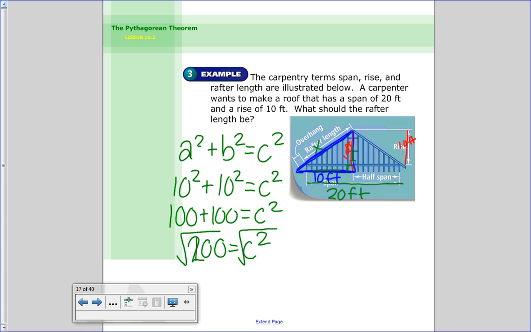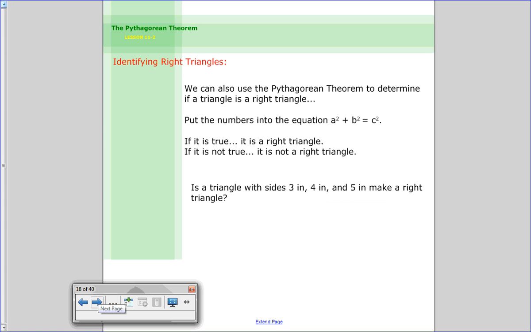So the square root of 200 is 14.1 feet. There we go. So again, when you do these, just round to the nearest tenth if you get a large decimal number.